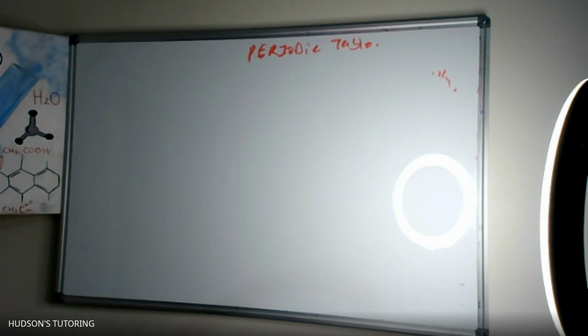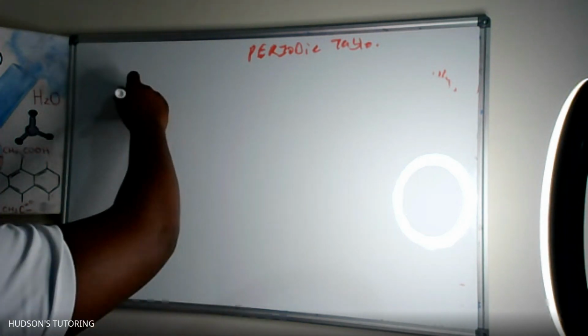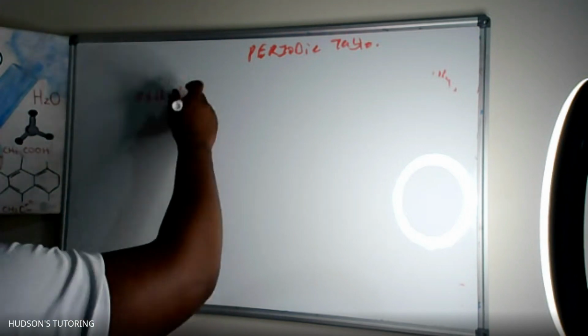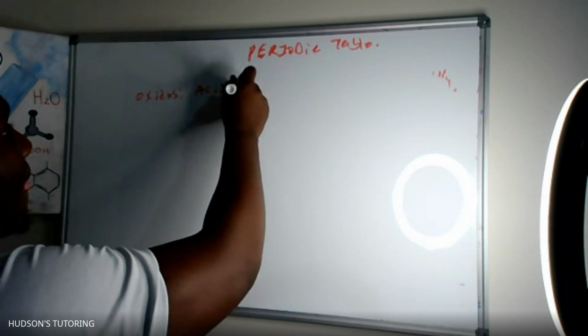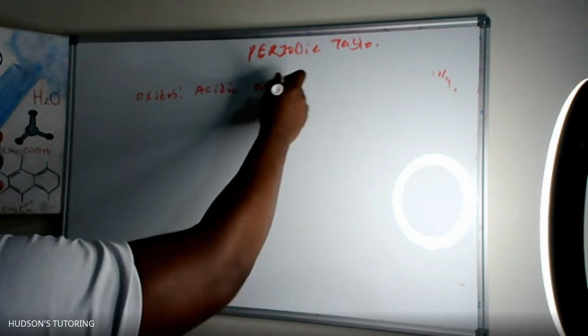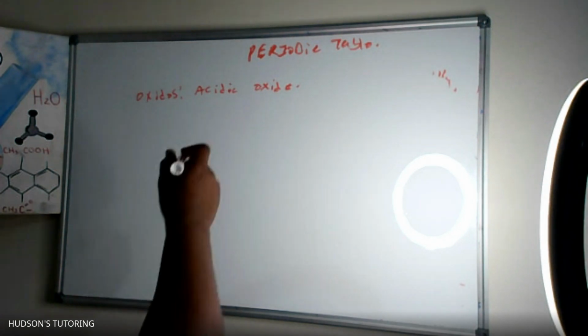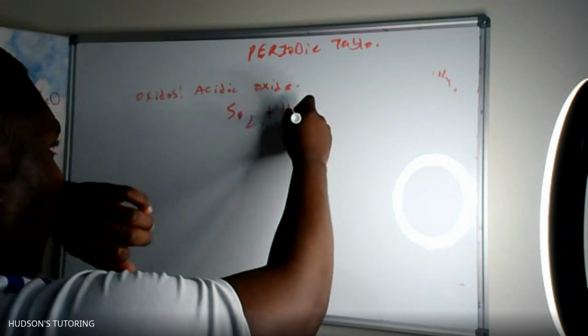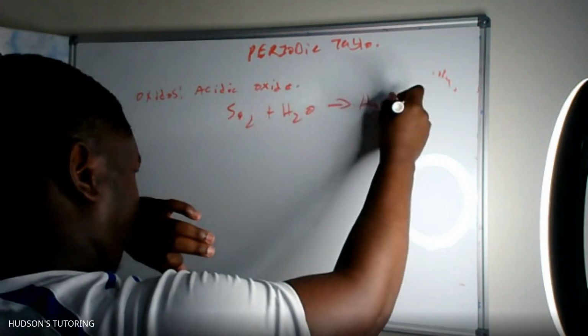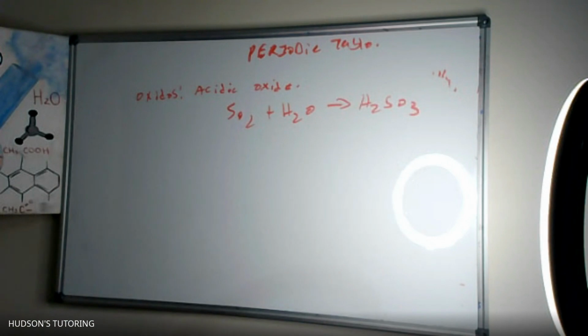So oxides of most non-metals are acidic oxides, and sometimes they are referred to as acid anhydrides, right? So if I have SO2 reacting with water to form H2SO3, which is sulfurous acid, then the SO2 there, because it's the oxide of a non-metal, is an acidic oxide. Same thing if carbon dioxide reacts with water, it's going to form carbonic acid.